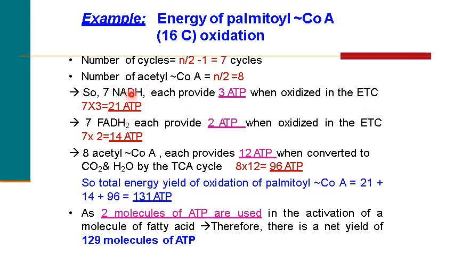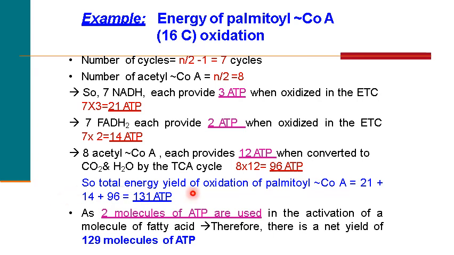One NADH is equal to 3 ATP, and one FADH2 is equal to 2 ATP. So 7 FADH2 is equivalent to 14 ATP. The 8 acetyl coenzyme A each provide 12 ATP, so they will be converted into CO2 and H2O by the TCA cycle, which is around 96 ATP.